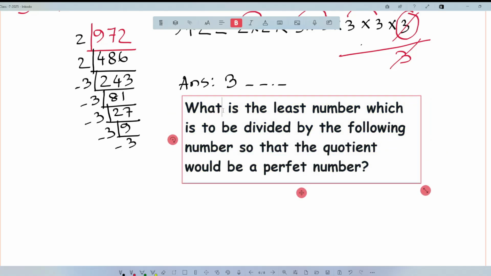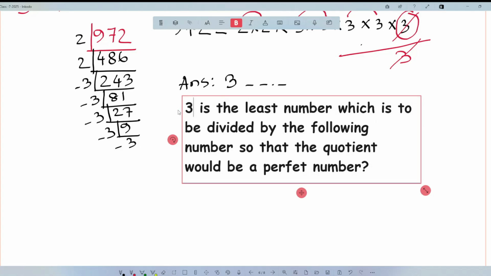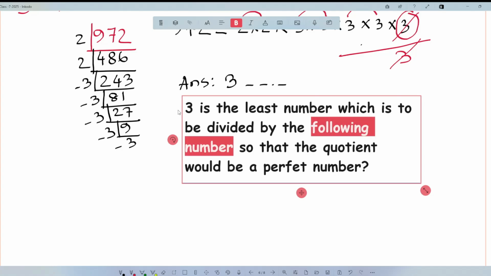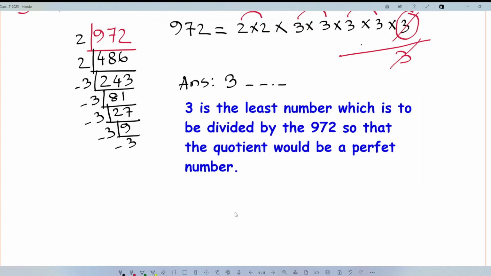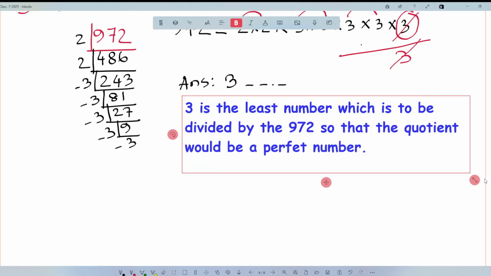So we can write 3 is the least number by which 972 should be divided so that the quotient would be a perfect square. So the answer is 3. So done. First question answer done.